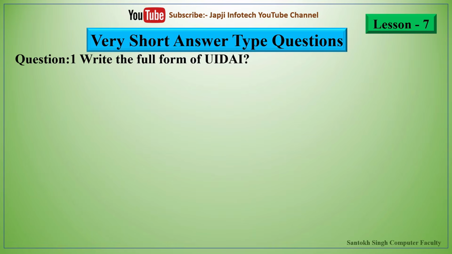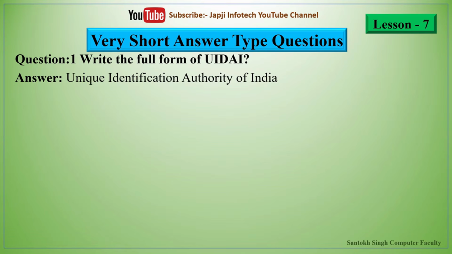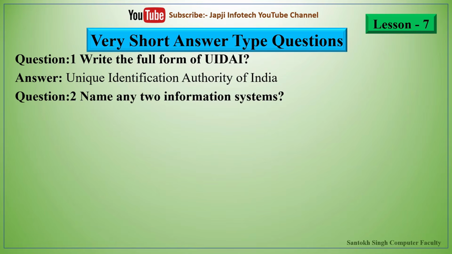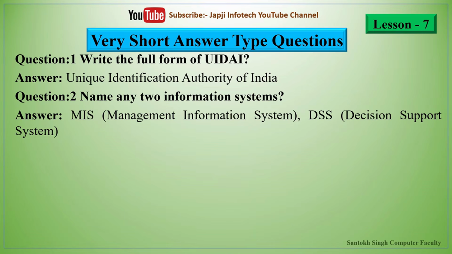So first question is, write the full form of UIDAI. And the right answer is the full form of UIDAI is Unique Identification Authority of India. And the second one is name any two information system. And the answer is Management Information System and Decision Support System.